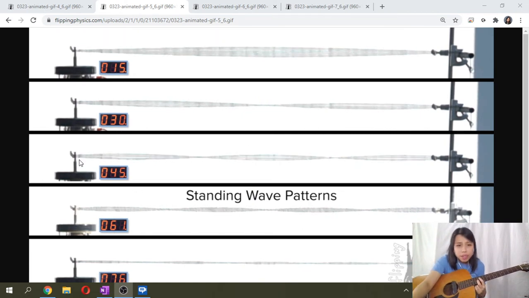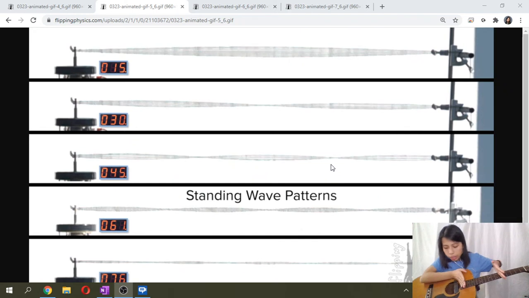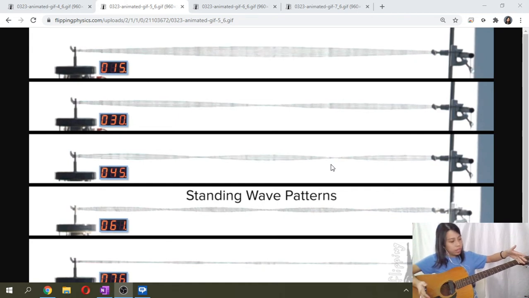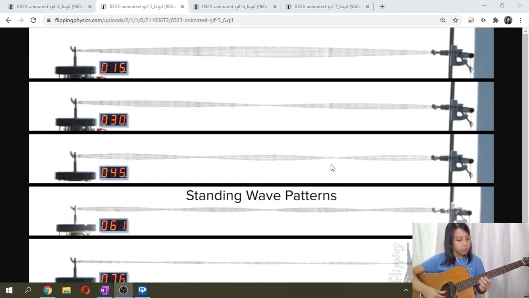The third one, you see the picture here. The third picture, you chop the string into 3 sections. So 3 sections somewhere like this, I guess, because the whole length is here. So imagine you're just chopping up the string into 3 sections. So the next one will be here. This will be your second overtone.